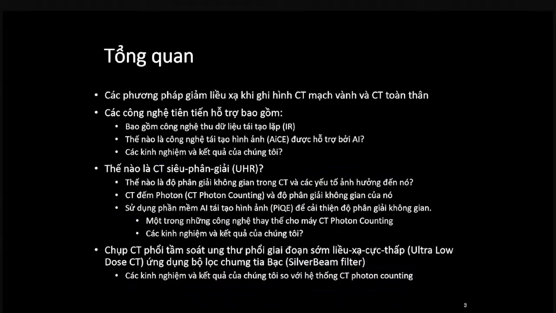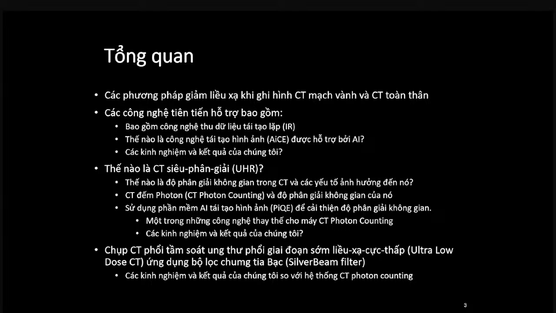In this talk, I will firstly talk about methods to lower radiation dose during cardiac and body CT acquisition, how technology can help, including use of iterative reconstruction of acquired data, what is AI-assisted image reconstruction, and what is our experience and our results using this.